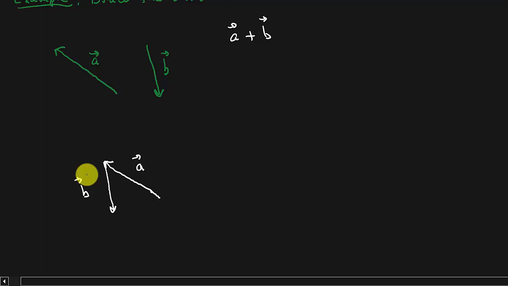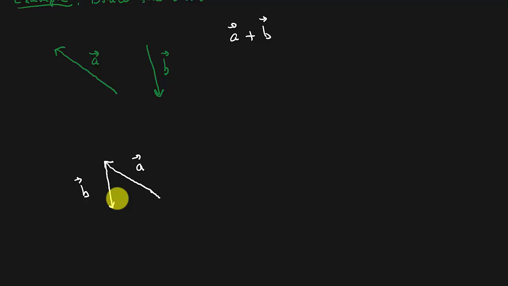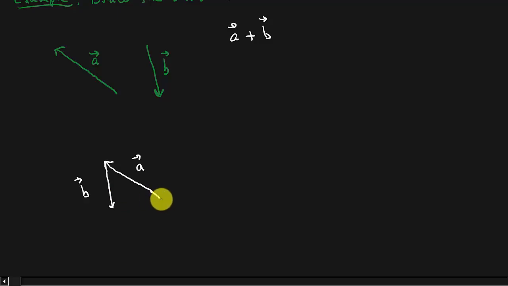It may be a little bit shorter than that; it's going to look something like that. Now, the sum A plus B, what did it say? It's the initial point of A to the terminal point of B. So the sum A plus B would be right here, and let me draw that in a different color.